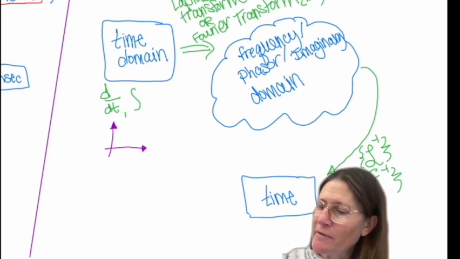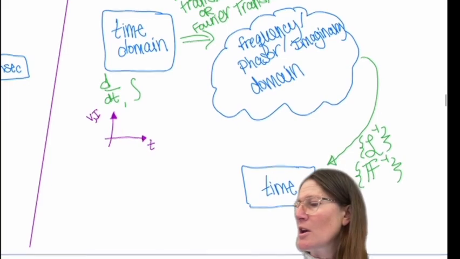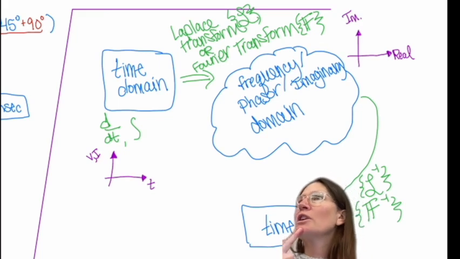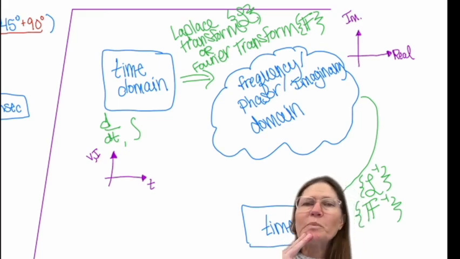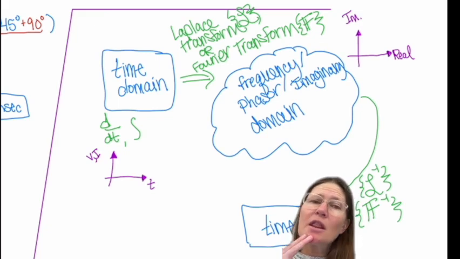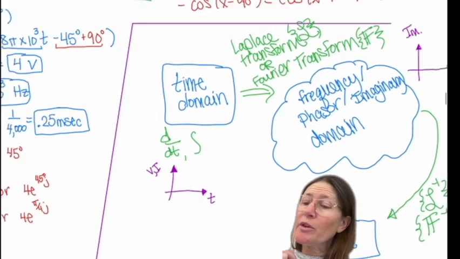So here we have our time, and then we have voltage, current, etc. In this plane, we have our imaginary axis and our real axis. So it's still an XY axis. It's just how those correlate to each other with the transforms? Yep, so this is one of them.